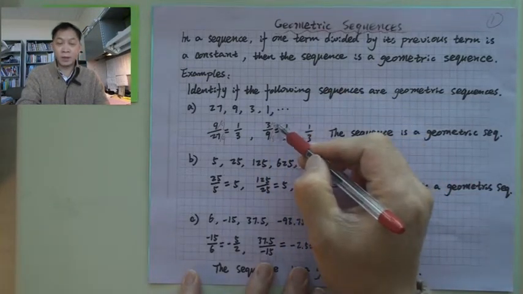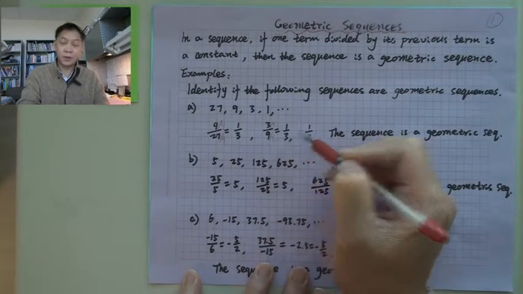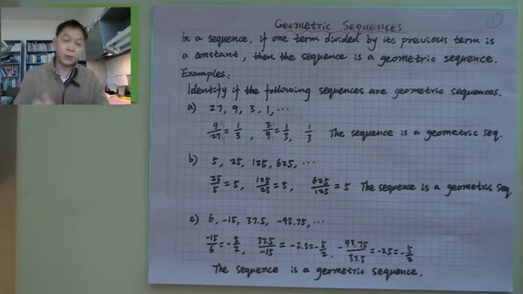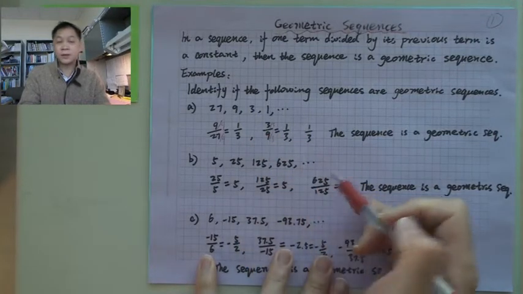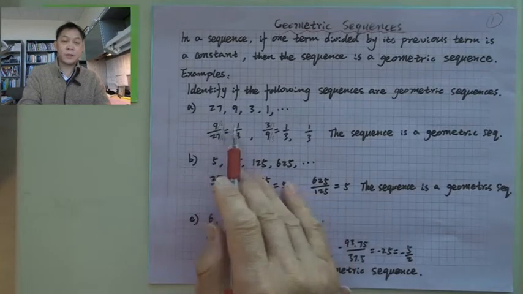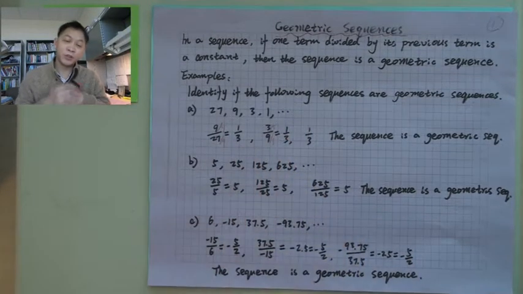Then we have 3 divided by 3 is 1, and 9 divided by 3 is 3. And 1 divided by its previous term is 1/3. So then this sequence is a geometric sequence.